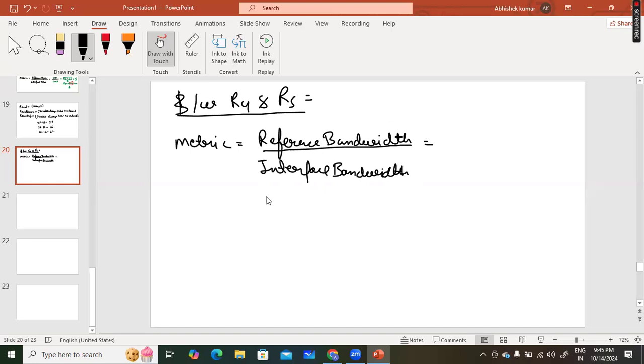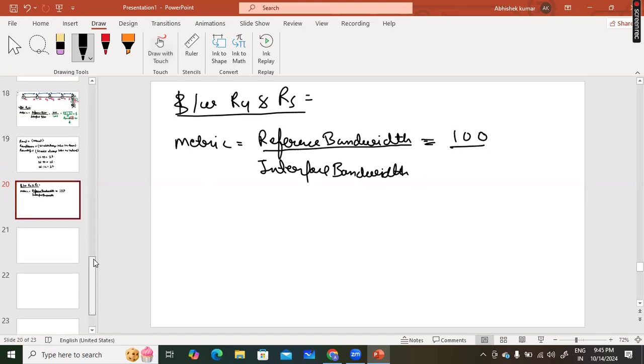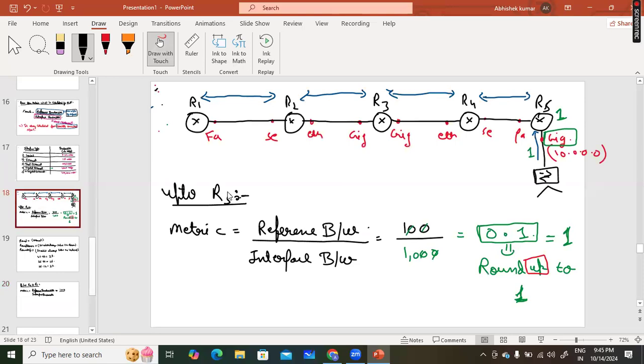What is the reference bandwidth by default? 100 Mbps. Now, what will be the interface bandwidth? Tell me. See here and tell me. I'm here between router 4 and router 5. Which reference bandwidth do I have to take into consideration?